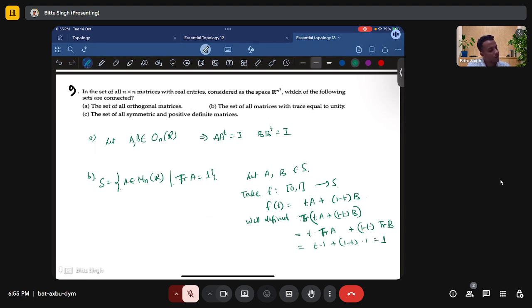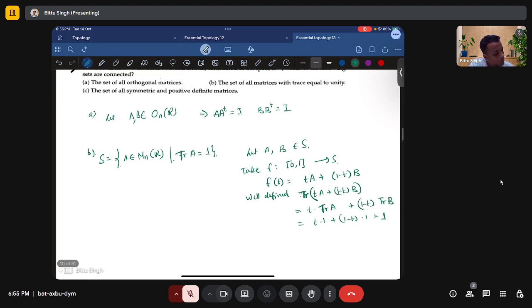So this is well defined and it is always continuous because this is just scalar multiplication. Those are actually continuous functions, and we have taken all those continuous functions and put those functions in components, right? So this will be continuous by the definition of product topology. There is no issue.